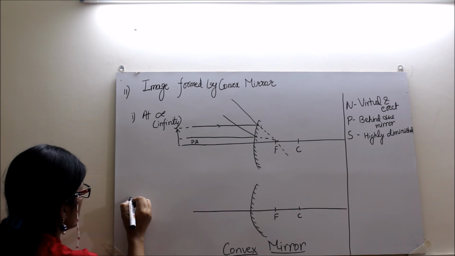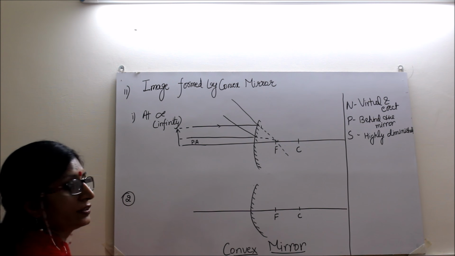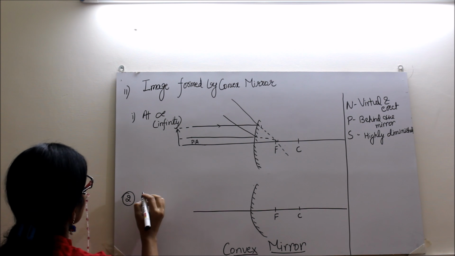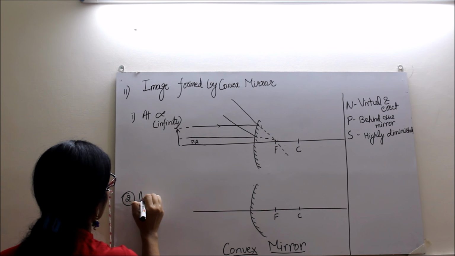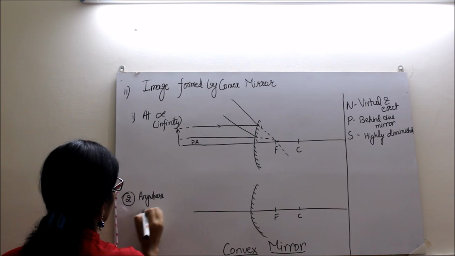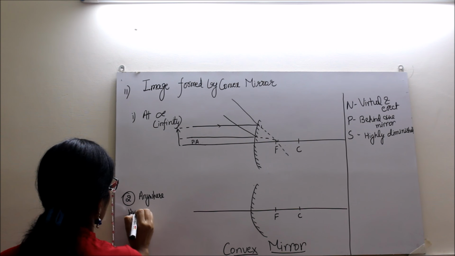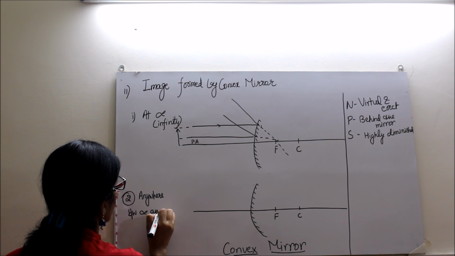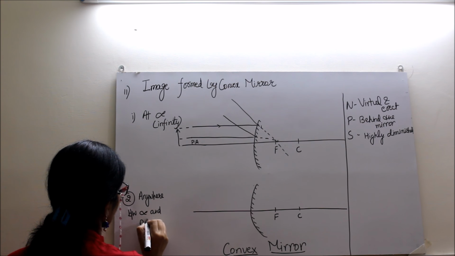Now for the second place where the object is placed, when it is placed anywhere between infinity and the pole of the mirror.